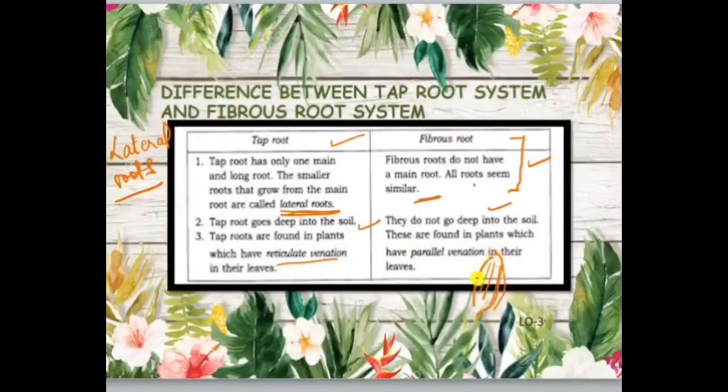They have leaves in which the veins are in a parallel position. In reticulate venation, the leaf has web-like veins, a network of veins, called reticulate leaves.